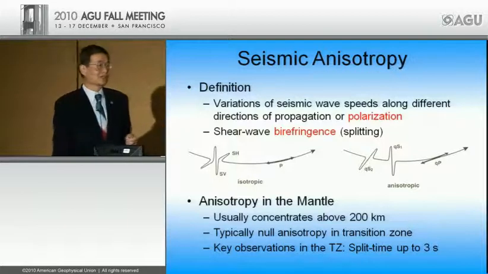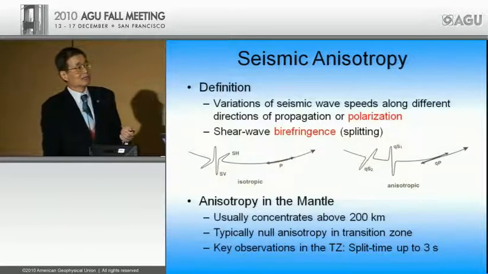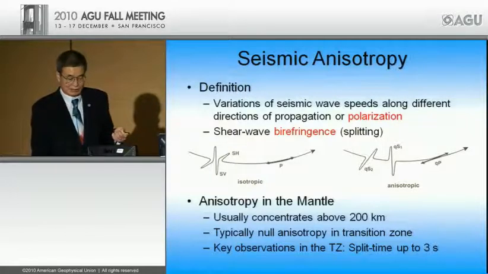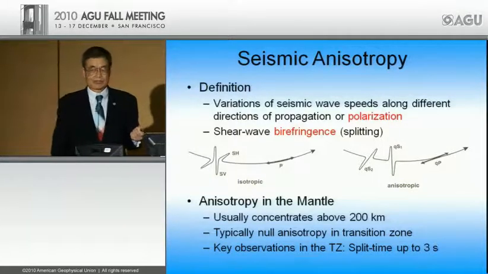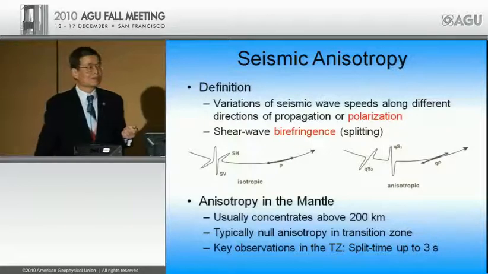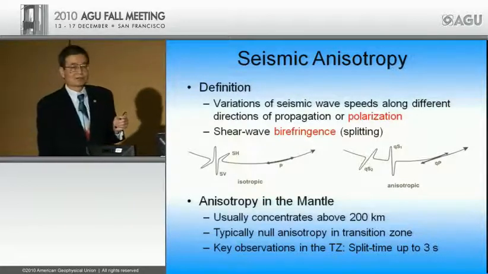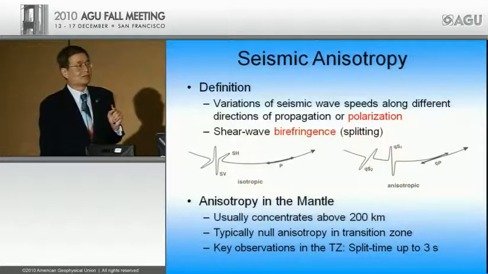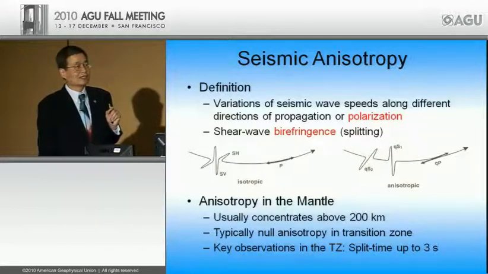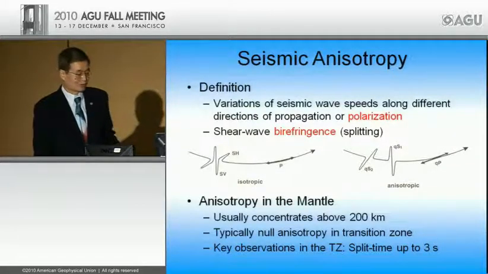The other is perpendicular to the plane of the propagation. In general, in the mantle, there is very strong shear wave anisotropy or birefringence or splitting, but the source region is in the top of the upper mantle. It's very unusual to find any sign of anisotropy in the transition zone, and yet in the source region of the outboard earthquakes, we see large split time up to 3 seconds.